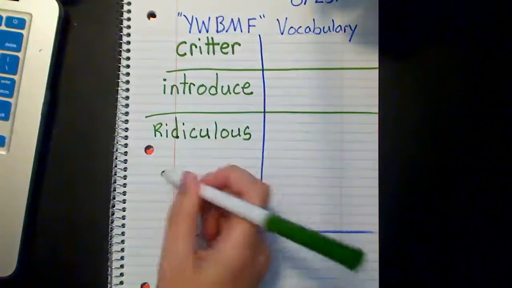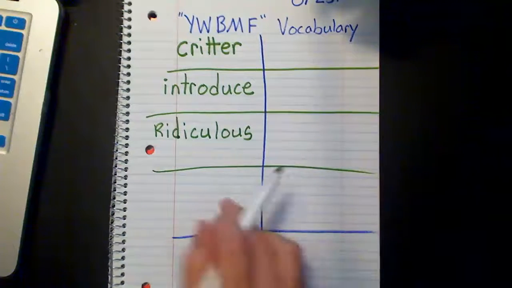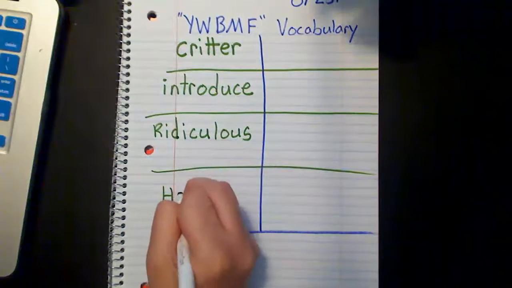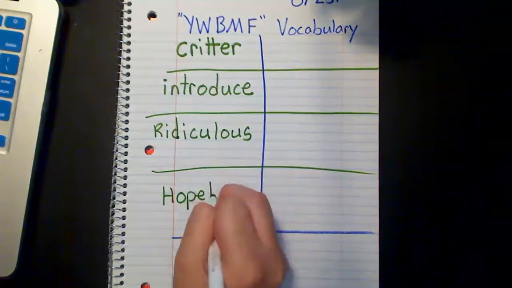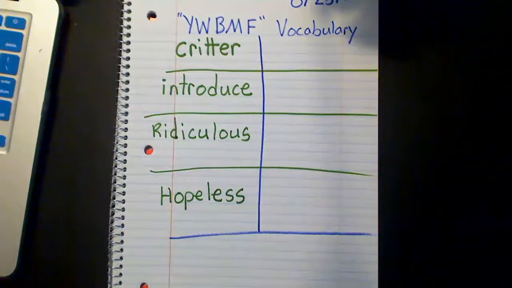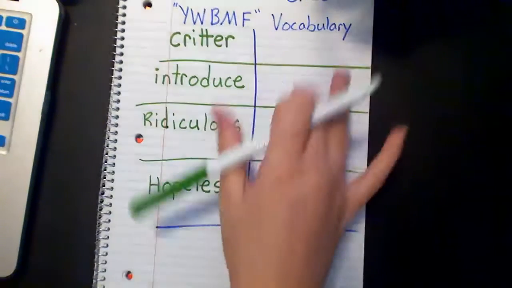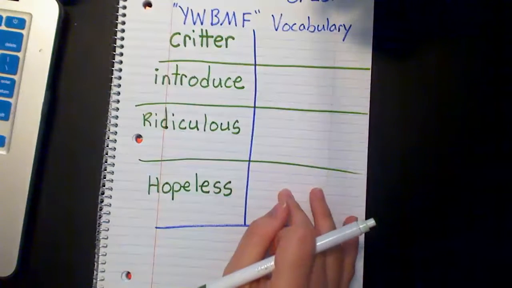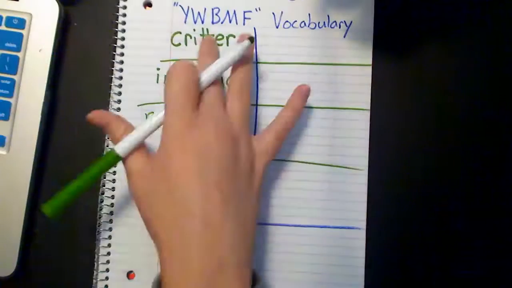R-I-D-I-C-U-L-O-U-S. And then our last word is hopeless. H-O-P-L-E-S-S, hopeless. Then we're going to draw pictures on the side, along with a 1 to 2 word definition of each of these words.